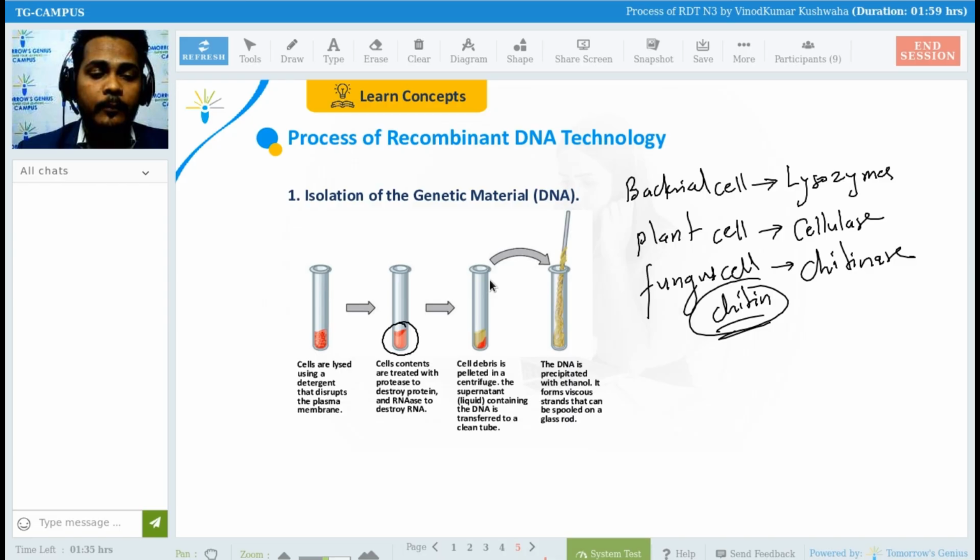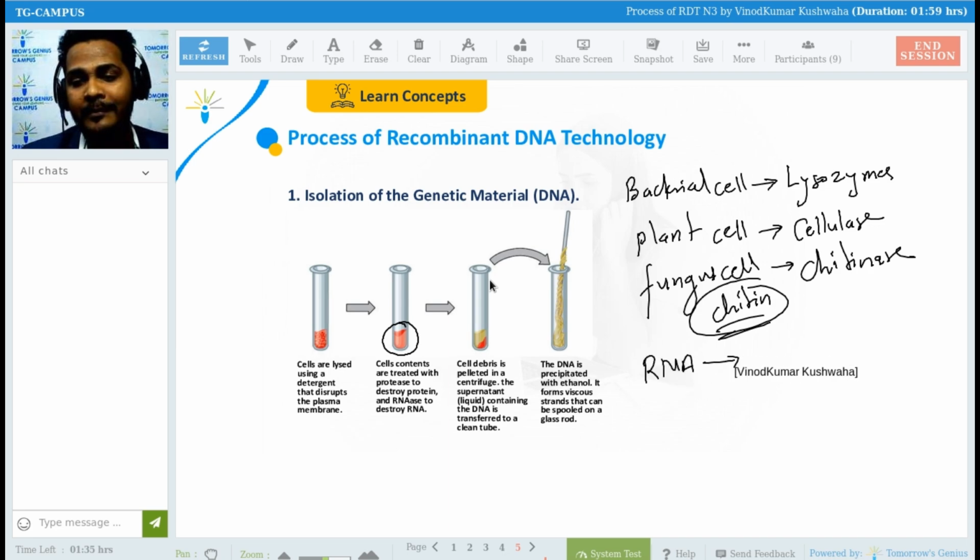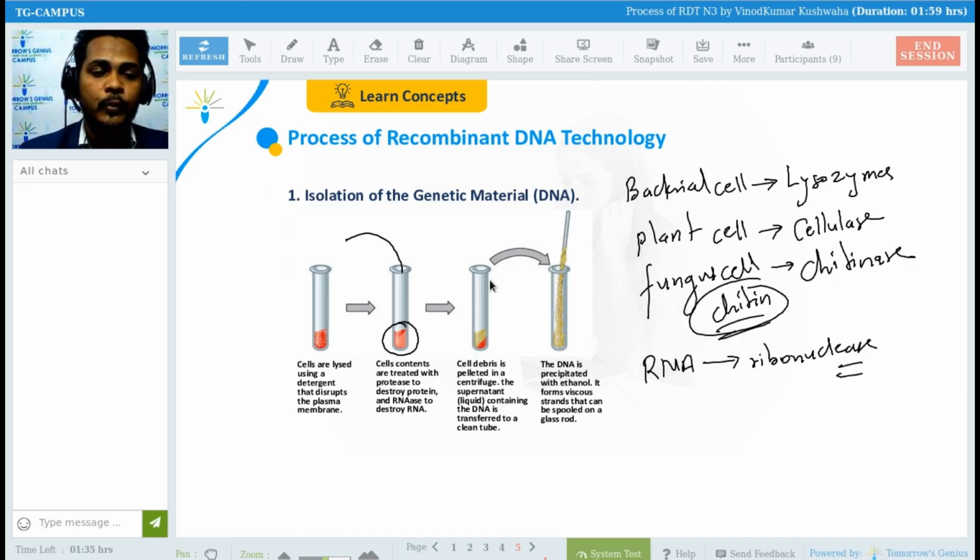To remove the RNA, because your desired product is not RNA but DNA, RNA can be removed by treating with ribonuclease. Treat means you have to add the ribonuclease. Ribonuclease is an enzyme which denatures the RNA.